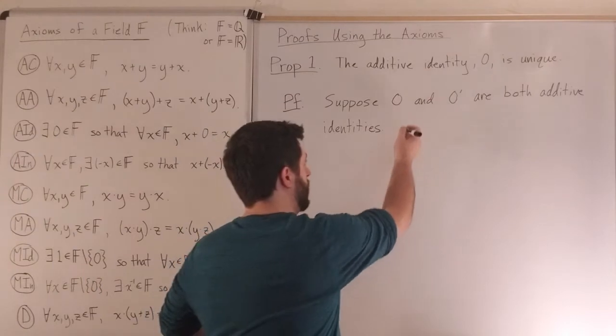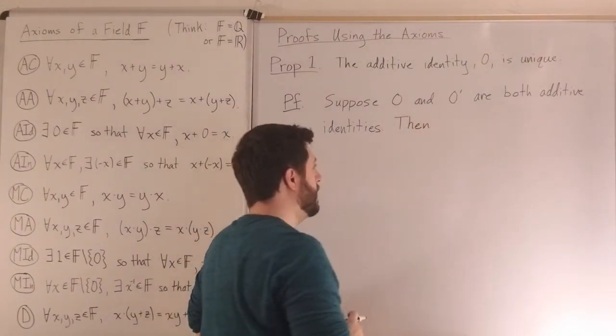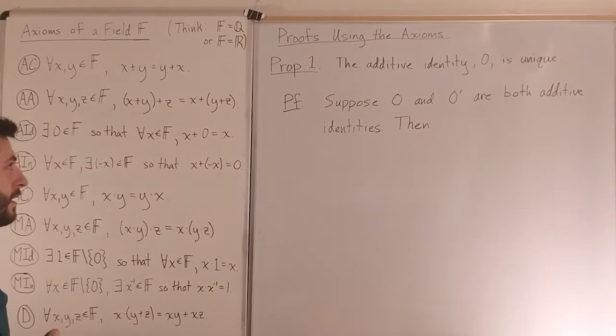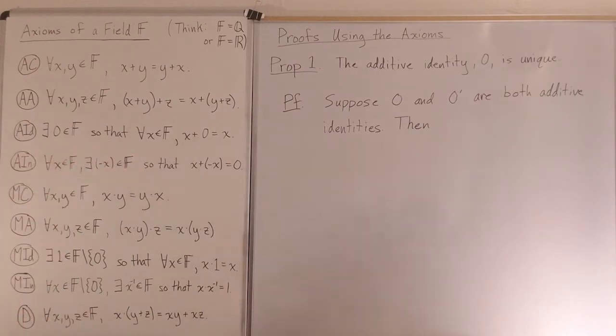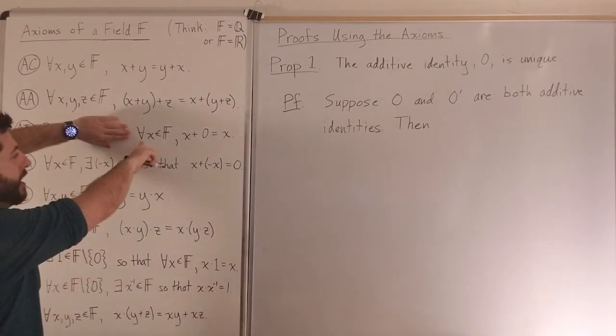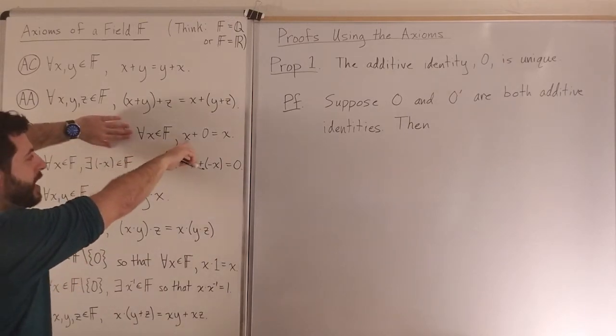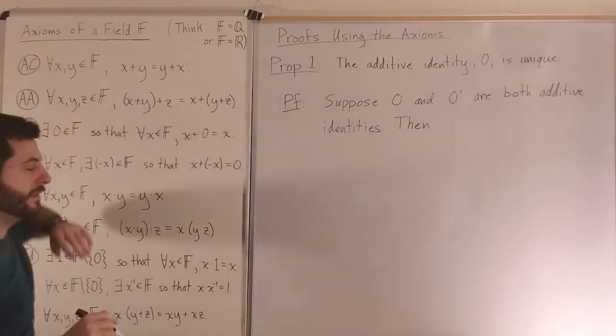Now I'm just going to write down the definitions here. What it means to have 2 additive identities is that we have this property for each of them. We're saying it exists, so that part's already done. We want this property that for any x in F, x plus this 0 or 0 prime is equal to x.